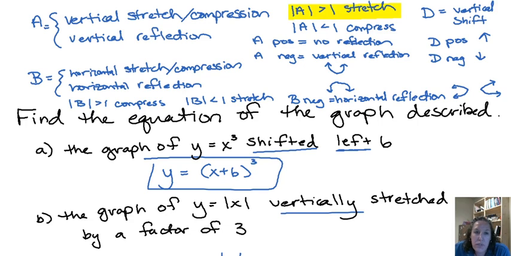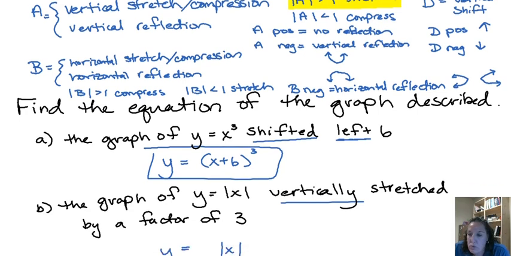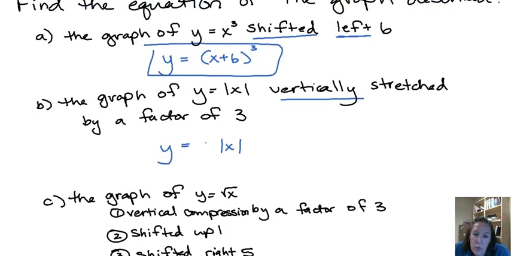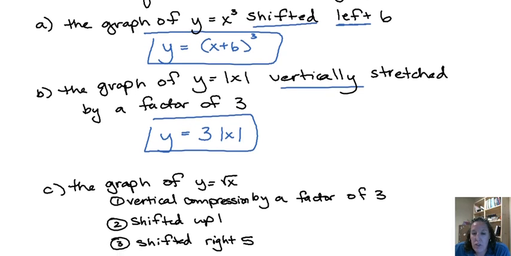And so if it's by a factor of 3, well, 3 is already bigger than 1. So the graph of the absolute value that's vertically stretched by a factor of 3 is y equals 3 times the absolute value of x.